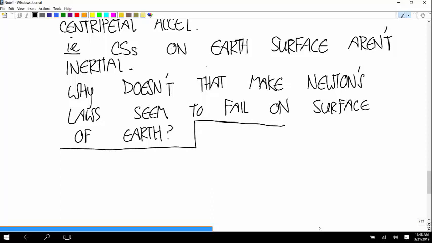So think about omega for the Earth. We just did this problem that was one revolution every 1.5 seconds. Omega for the Earth is one revolution every 24 hours.